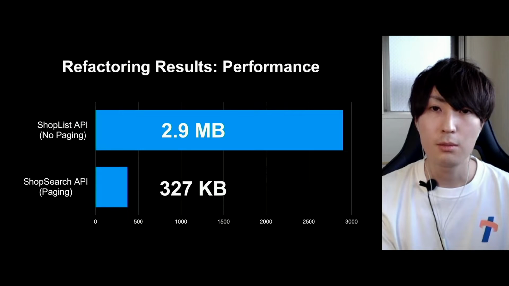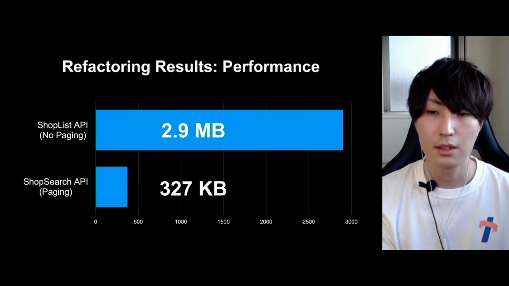Next, I'd like to talk about the performance. The data volume increase problem that occurred when all shop data was acquired due to the initial design was resolved by migrating to a paging-enabled API. This data measurement was performed in an area where approximately 1,500 shops' data was being acquired.